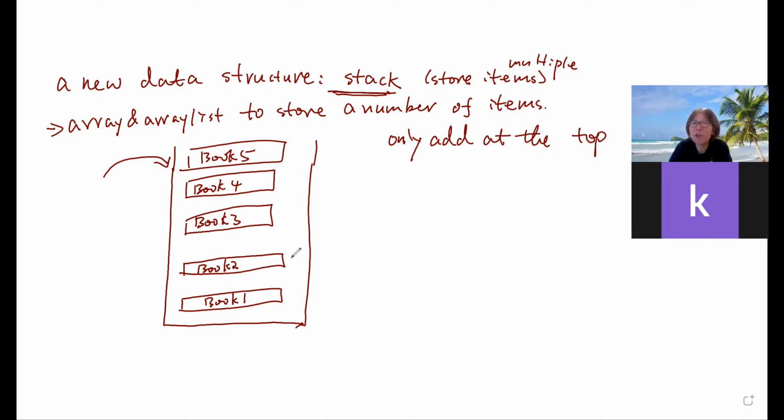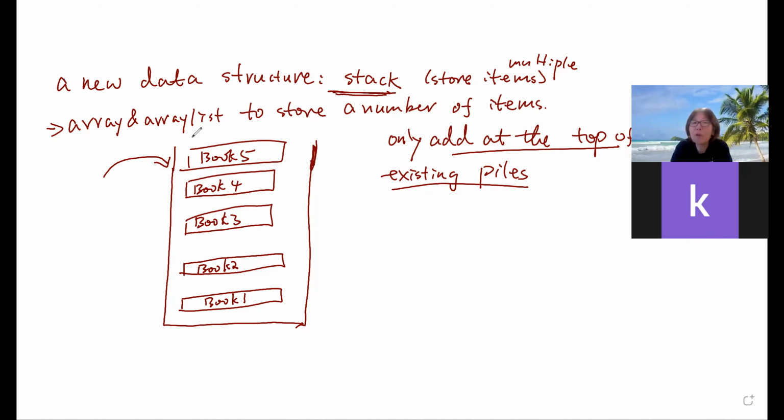So each time it's add at top, add at top, add at top, add at top of the existing pile. You can only add to the top of the existing pile. Okay, that's what we can view.